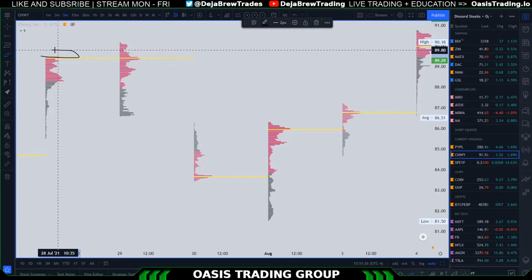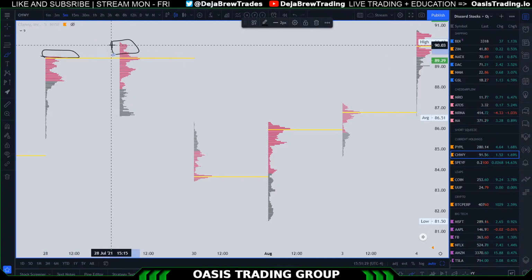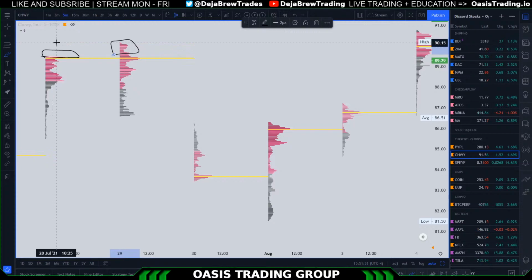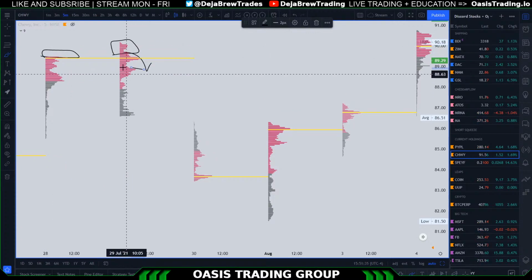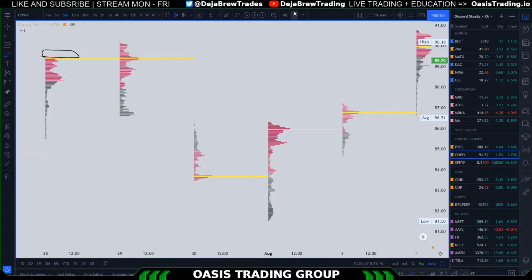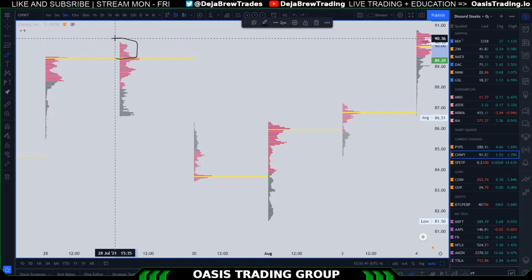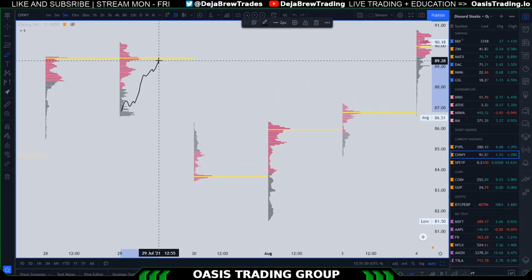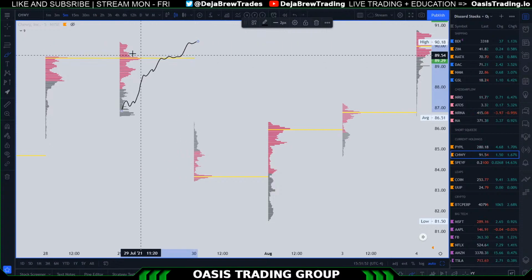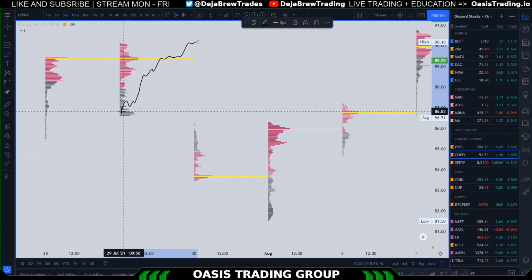Topping out, swing failure. This is a swing failure because we can see that we tried to push above the high, but then we failed it. That's a swing failure. So this is where candles come in handy, because if we didn't look at the candles here, this could be a breakout, because you could have started down here and then pushed up, right? And then you closed up here. The day could look like that.